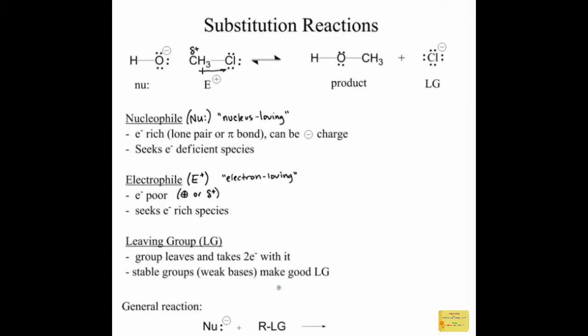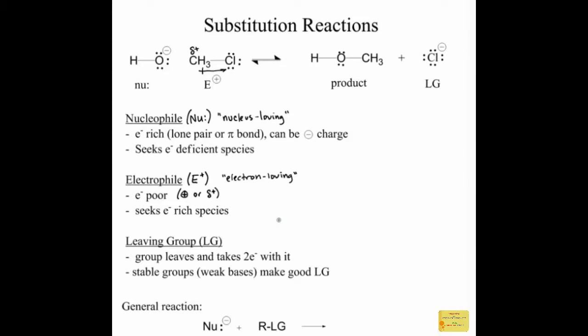We have protons. We have positively charged species. So a nucleophile is something that is seeking out electron deficient species, and electrophiles are something that are electron deficient, seeking out electron-rich species. So what we have here with the nucleophile-electrophile pair really is just a perfect match. And we're going to see that nucleophiles and electrophiles coming together are going to explain the vast majority of the organic reactions we're going to be seeing down the road.